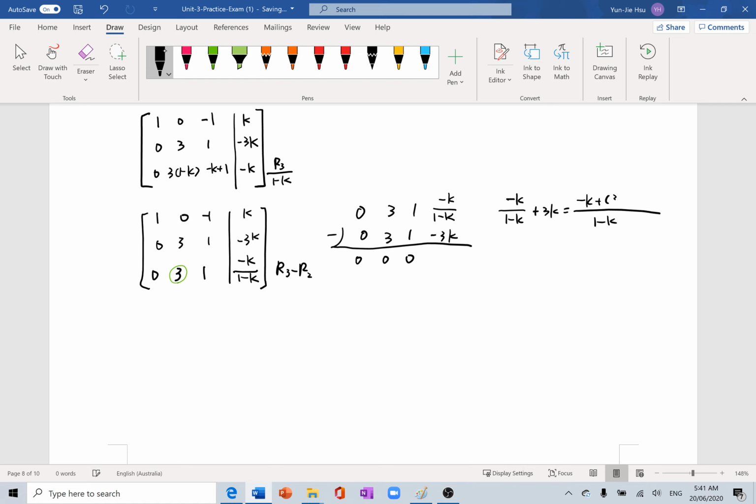So it becomes negative k plus 3k minus 3k squared over 1 minus k, which becomes 2k minus 3k squared over 1 minus k. You factorize, it becomes k(2 minus 3k) over 1 minus k.